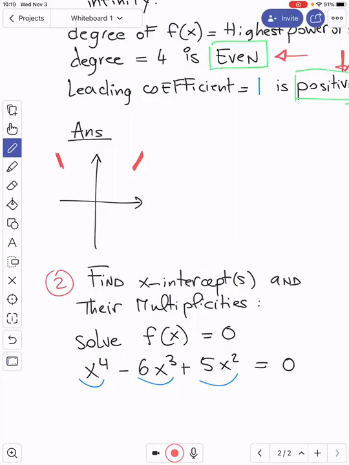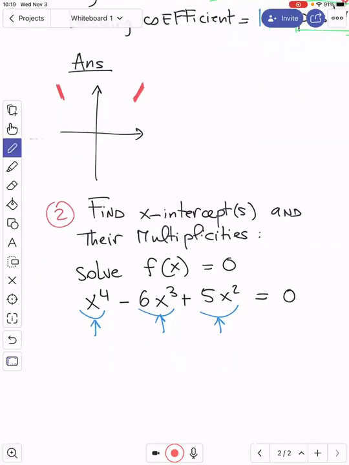Better than x, actually you can factor out x squared, because there's an x squared in the x cubed, and there's an x squared in the x to the 4th. So let's pull out the x squared.